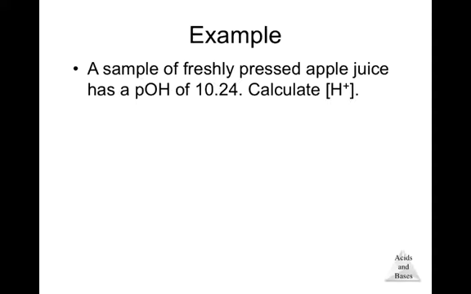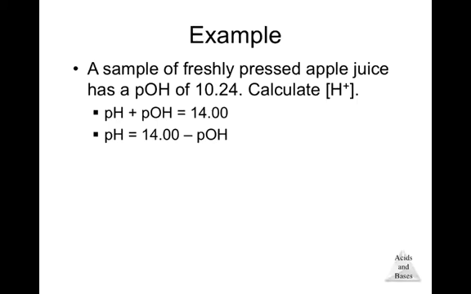A sample of freshly pressed apple juice has a pOH of 10.24. Calculate H plus. How can we do that? I'm going to let you pause and think about that for a second. Okay, hopefully you've thought about that for a second. So what are you going to do? Well, we can figure out our pH relatively easily. pH plus pOH equals 14, so pH equals 14 minus our pOH. So our pH is 3.76.